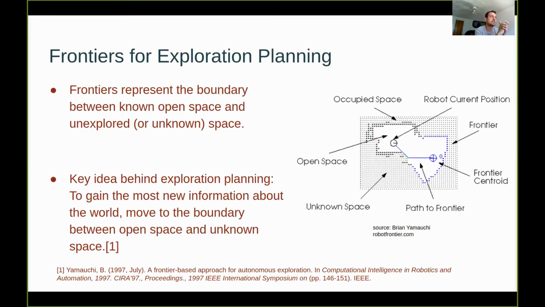The difference is that if you assign free voxels as being frontiers, then you are concerned more about free space in any particular environment that your robot is in. But if you define frontiers as being occupied voxels, then you are more concerned with surfaces, right?